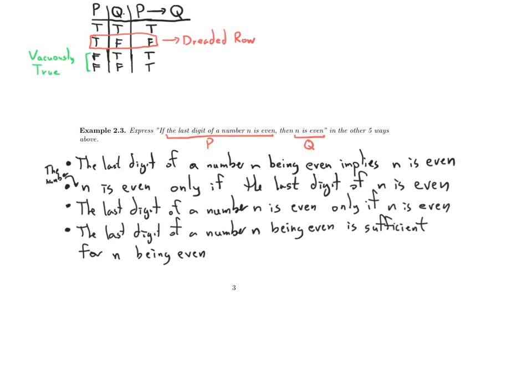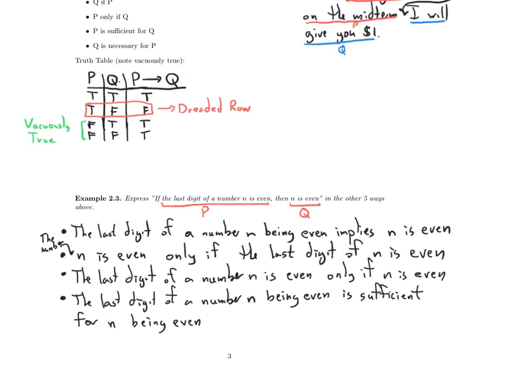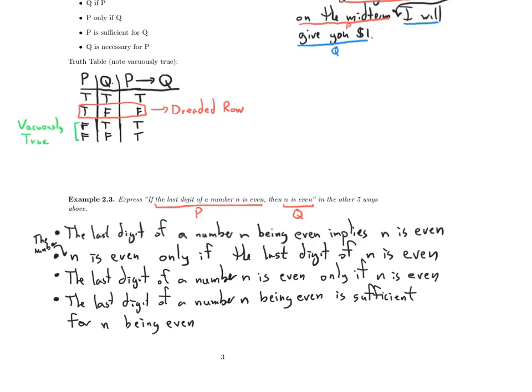And finally, we're going to do Q is necessary for P. So let's write that.